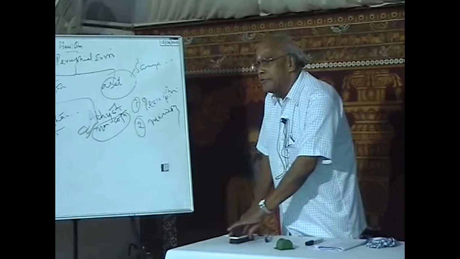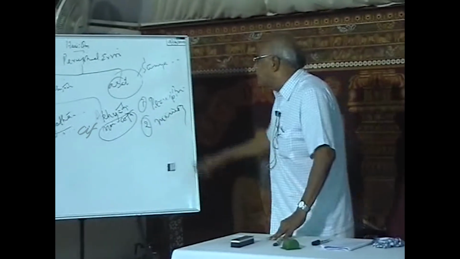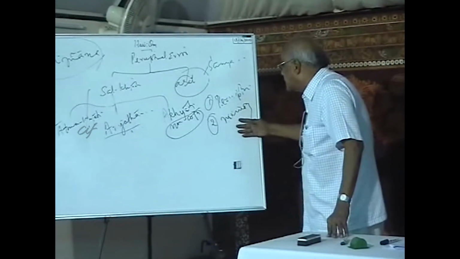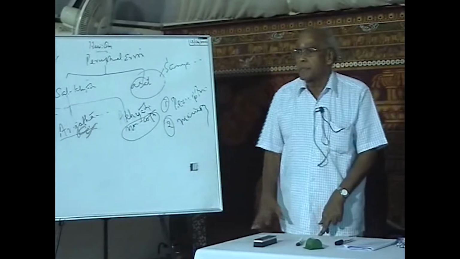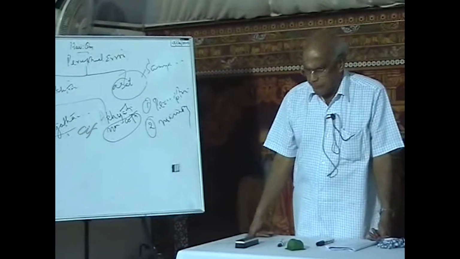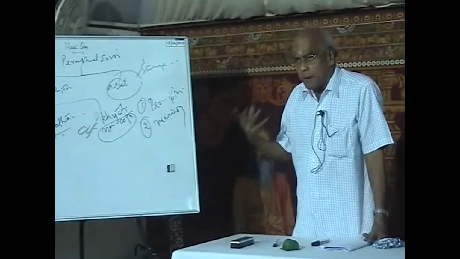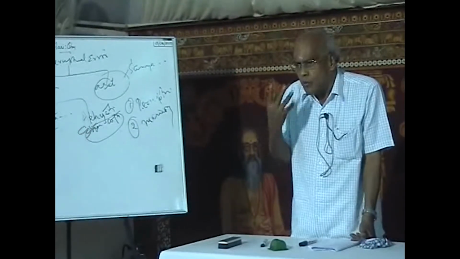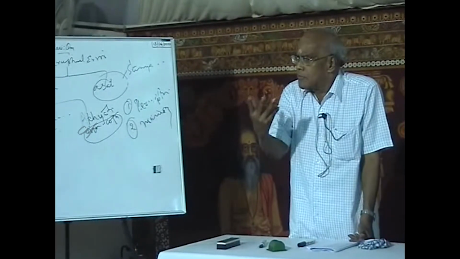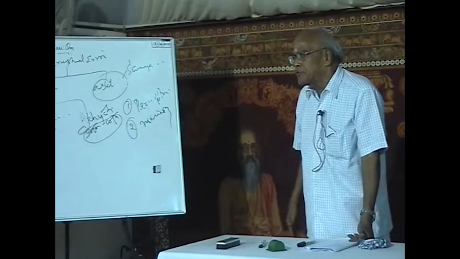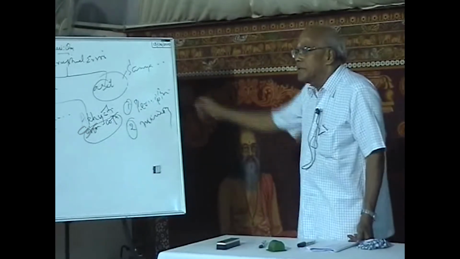But the problem is, why is it that there is incompleteness with regard to perception, incompleteness with regard to memory? Why? How did it take place? The Prabhakaras must account for the reason why the two cognitions are incomplete. Each of them is incomplete.